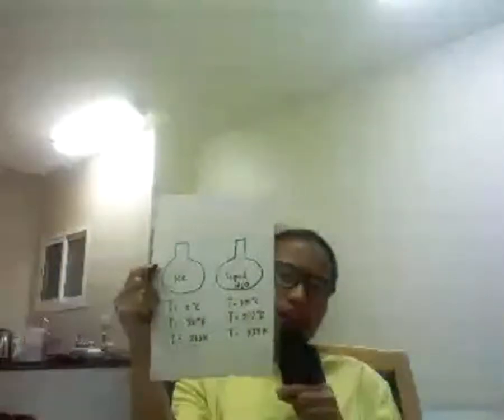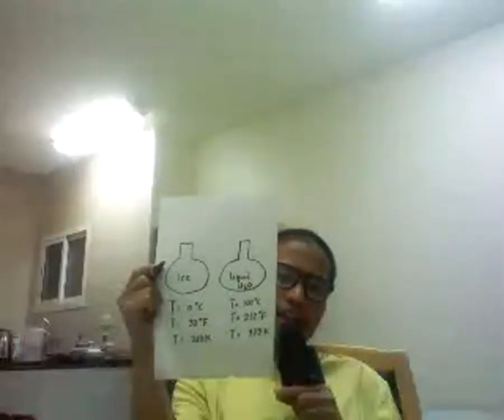Now, we need to discover the spontaneity of the ice and the liquid water. Let's say this is liquid water at its boiling point. For example, the vapor is vaporizing into the atmosphere like this.